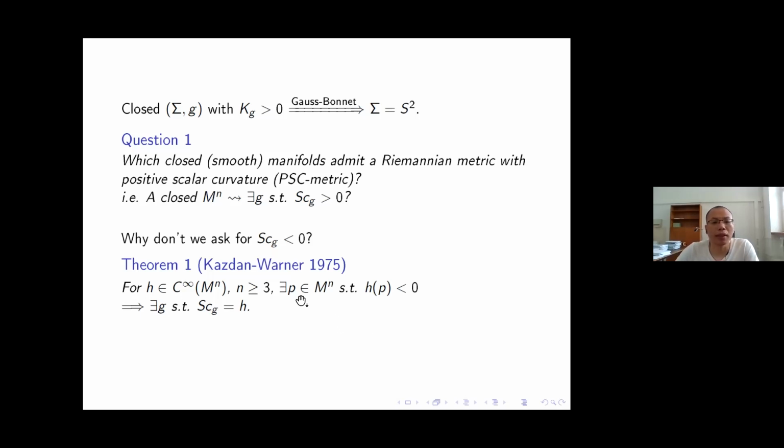In the special case, h is just -1. So every manifold admits a metric g such that the scalar curvature is -1. Of course, the dimension needs to be bigger than 2, since in two dimensions negative Gauss curvature implies the surface must have genus bigger than 1.